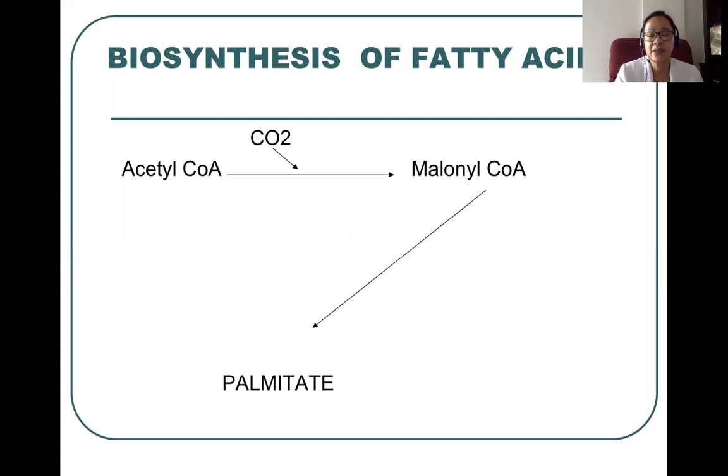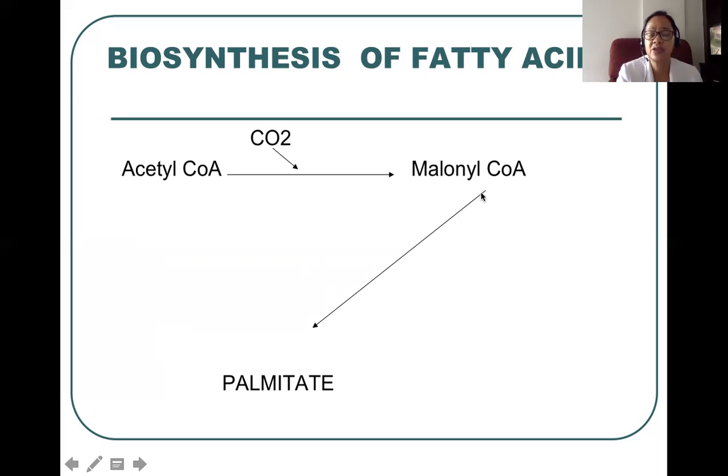So this is a simple representation of your synthesis of the fatty acid. By just looking at this particular slide, you will be able to identify 4 answers to 4 questions. First question: what is the initial substrate in fatty acid synthesis? The answer is acetyl coenzyme A. And what is the initial and controlling step?